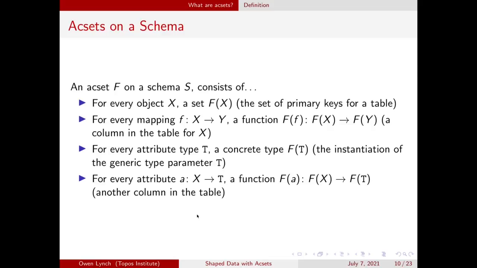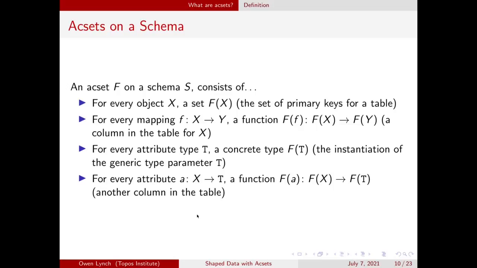Now that you've written down an Acset schema, you can talk about Acsets on that schema. This consists of, for every object in the schema, the set of primary keys. For every mapping, a function between primary keys.